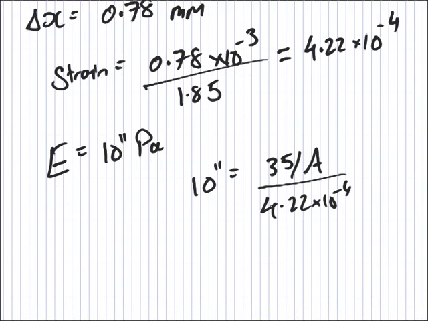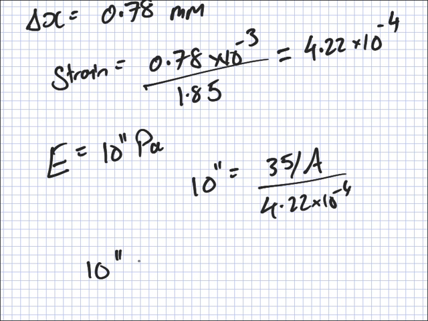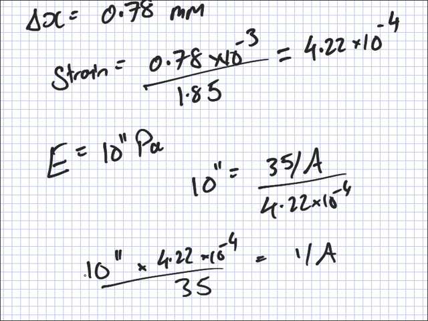I have to do 10 to the 11 times 4.22 times 10 to the minus 4 and divide by 35, and that's equal to 1 over A. Then if I flip that around, I can get the A.